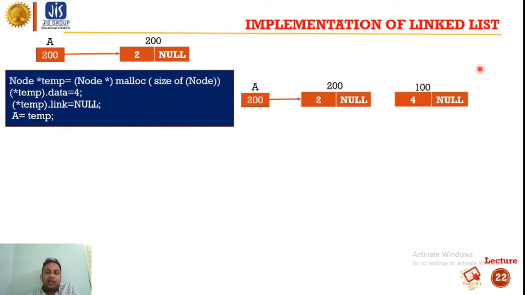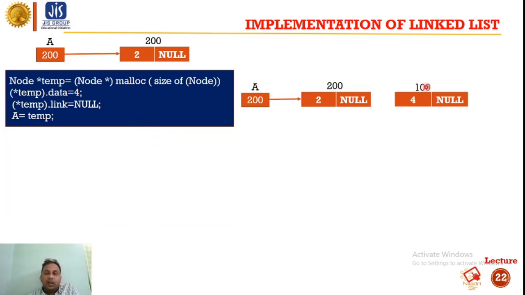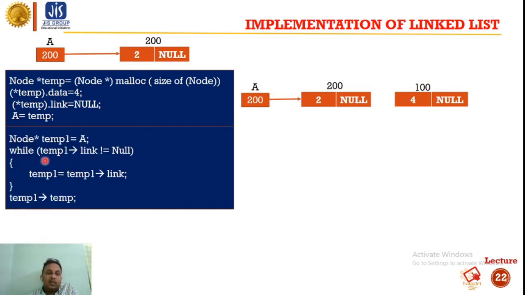As you can see, using this only the node has been created, but the link has not been established. From 200 you will not be able to go to the 4. So to establish that link, this code is required.